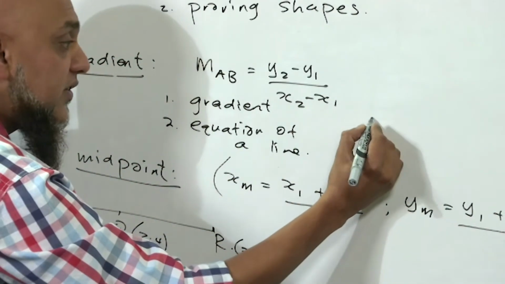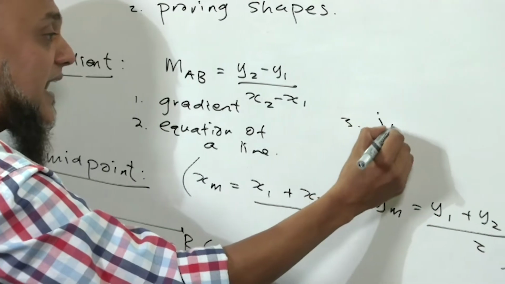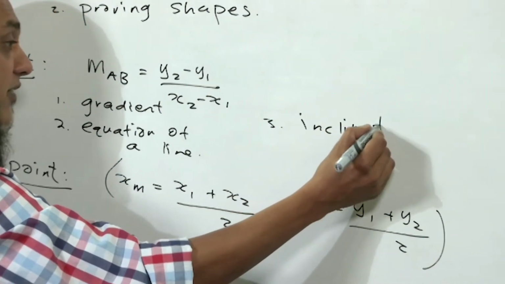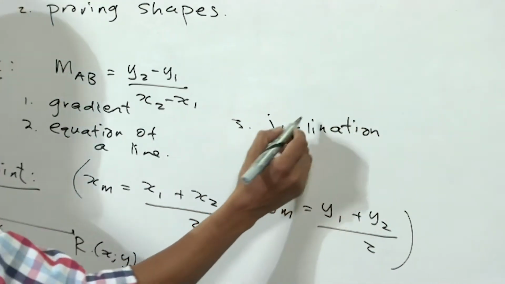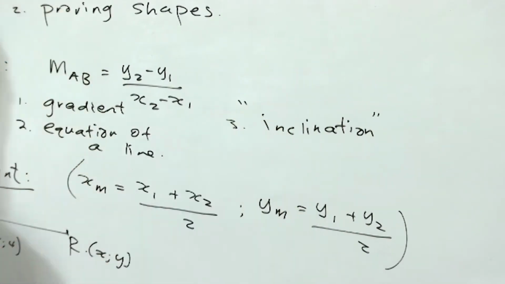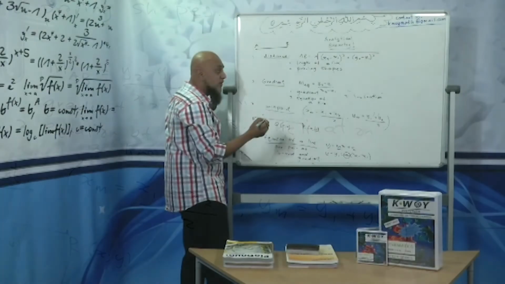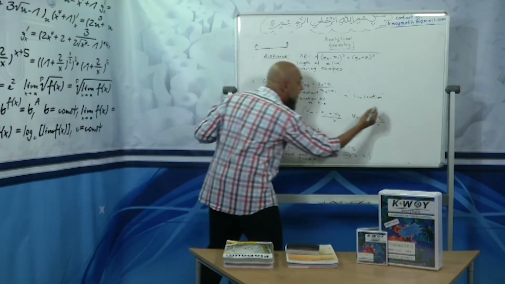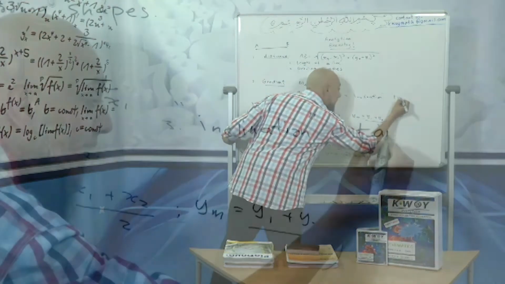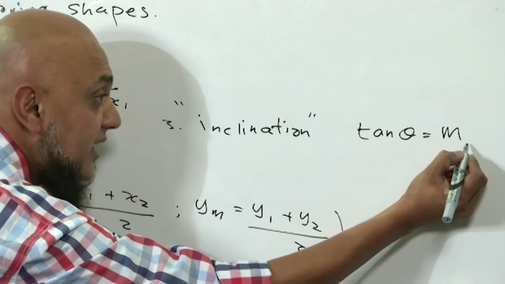We're also going to be using the gradient for calculating the angle of inclination. Grade 11 and 12, very, very crucial concept, the angle of inclination. And we all know what the formula is for calculating the angle of inclination. We know tan theta. Tan theta is equal to the gradient of the line.